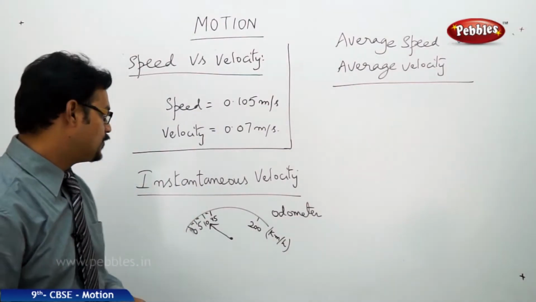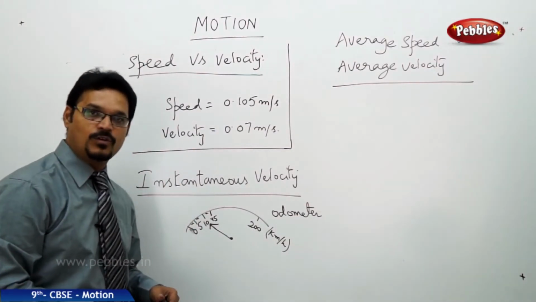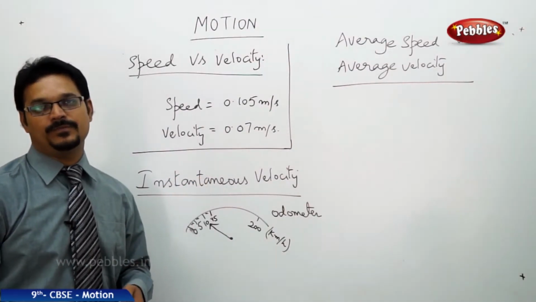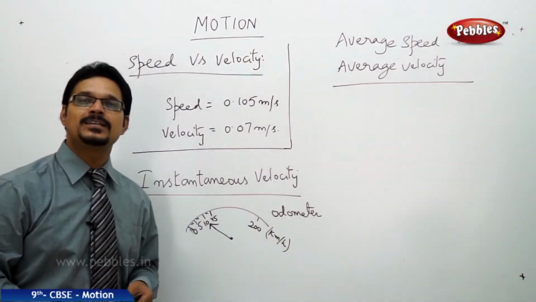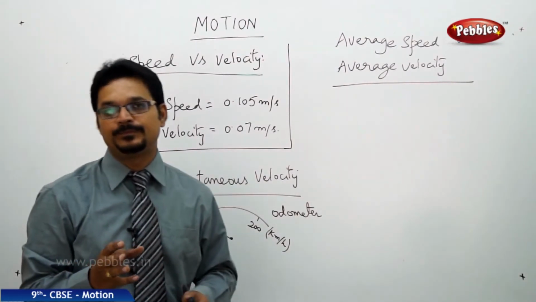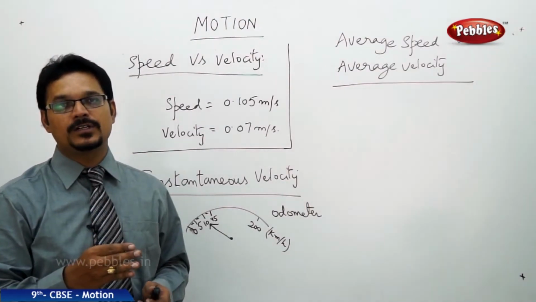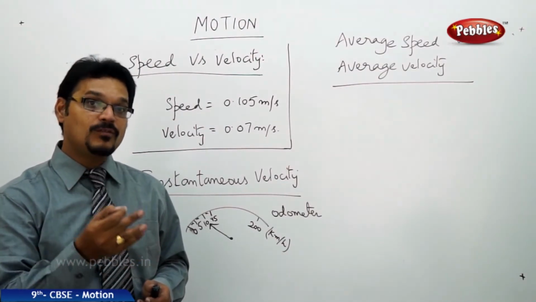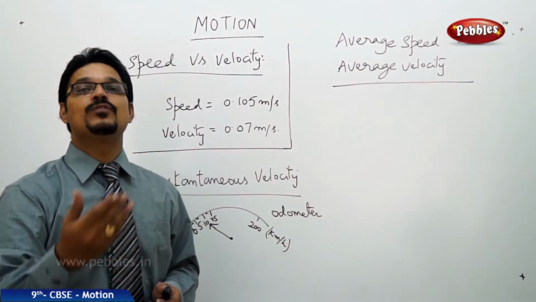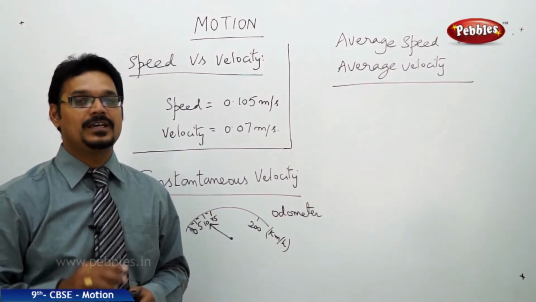Okay, let's move on to the next concept called instantaneous velocity. What is instantaneous velocity? Instant means at that moment. If I say I have done this work at 4 seconds, versus I have done this work in 4 seconds, see the difference.